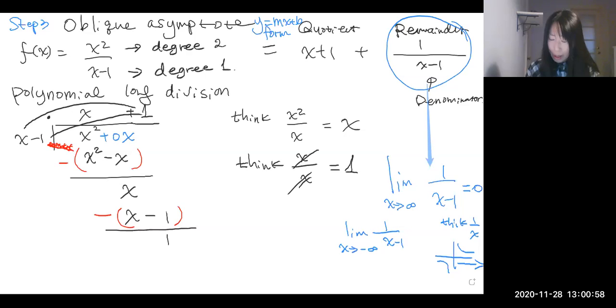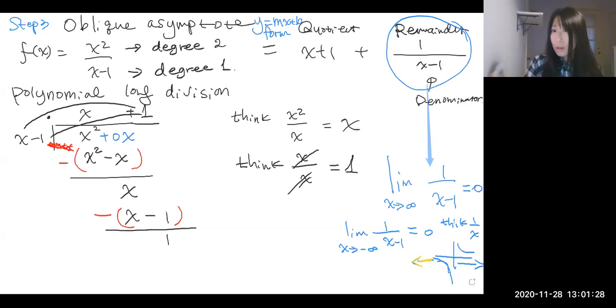When x approaches negative infinity, I'm using the yellow one. Then what's the graph? The graph approaches 0 as well. Can you see that? So this will be 0.